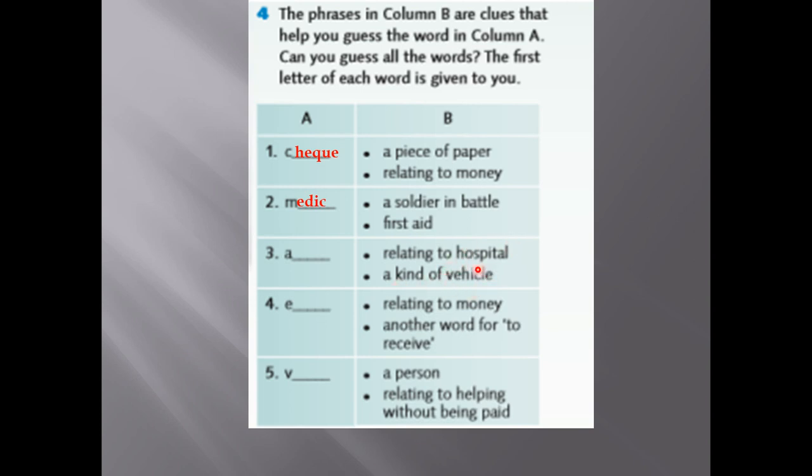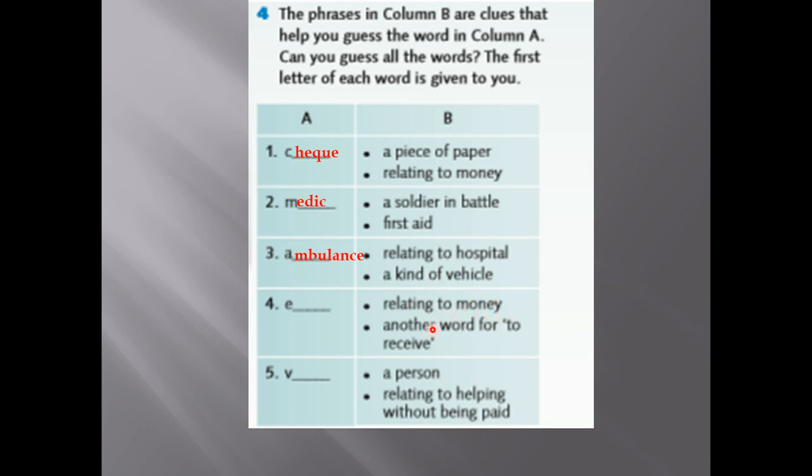A car is a vehicle, a bus is a vehicle, a ship is a vehicle, and also a train is a vehicle. So a vehicle that usually stops in front of the hospital and starts with A. So this is ambulance.